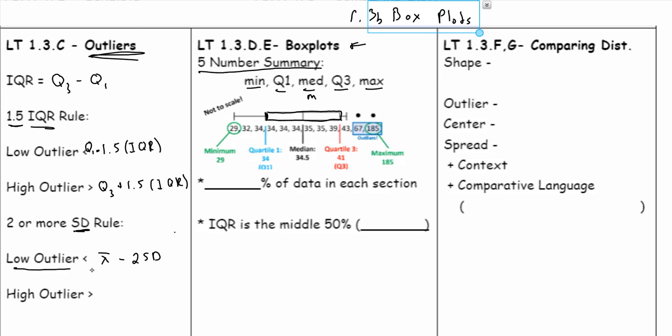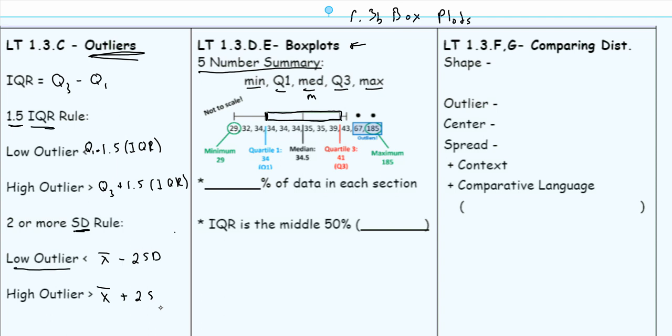That's the 2 standard deviation rule. In the same way, if we take our mean and add 2 standard deviations, that will give us our higher outlier. So 2 different ways of finding outliers, one involving standard deviation, the other one involving IQR.